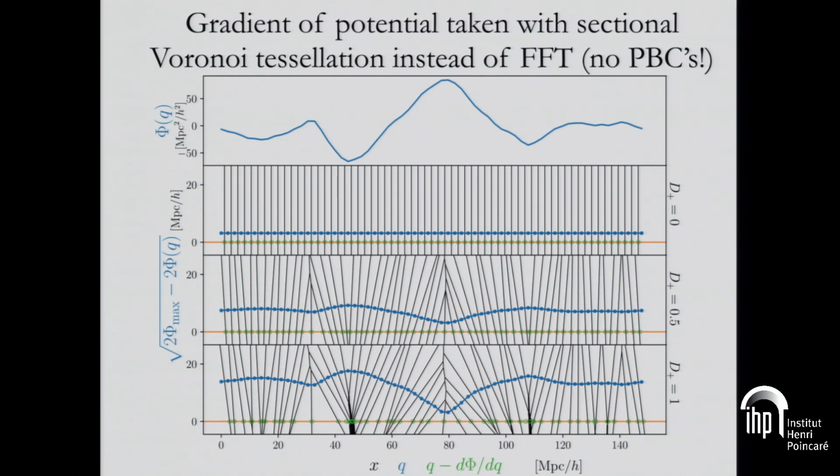So here the potential, the weight in each of these cells is 0, but as we start to introduce this potential, we have these cells change in size. This is actually a two-dimensional Voronoi tessellation. The reason why this is called a sectional Voronoi tessellation is that it's a slice through a higher dimensional Voronoi tessellation, where we actually lift some of these points according to the potential. In potential wells, we lift these points away from the x-axis, this orange line.